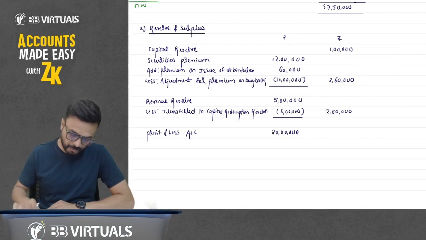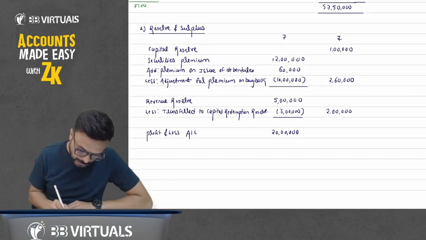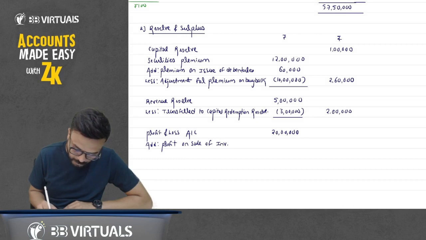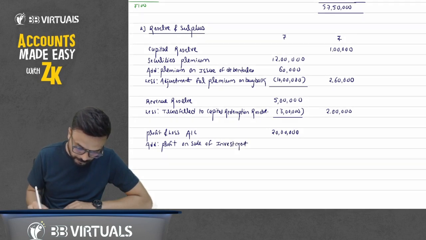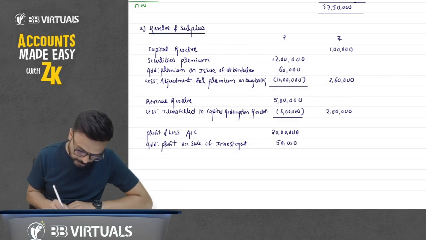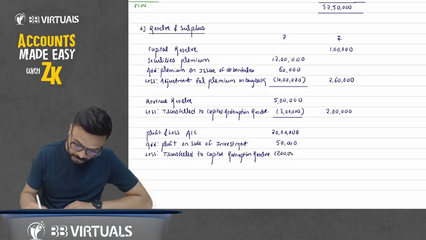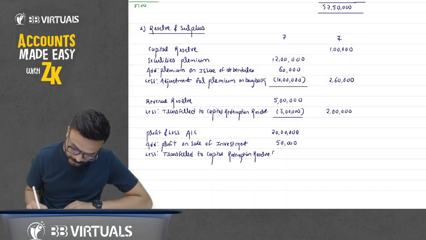So write down here in the profit and loss account: add profit on sale of investment, which is 50,000 rupees, less transferred to capital redemption reserve account. How much is it? 7 lakhs, not 2 lakhs, 7 lakhs. We have utilized 7 lakhs for CRR.